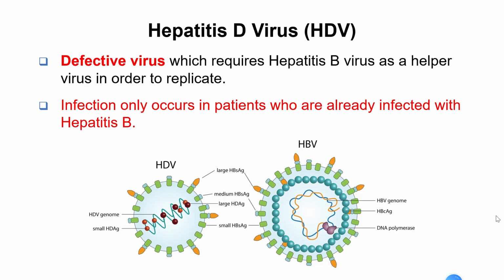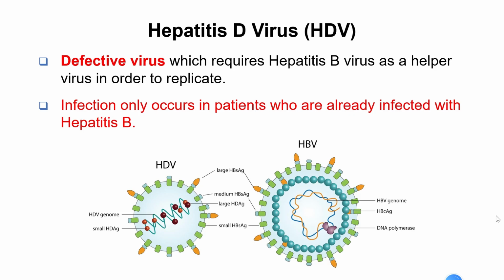And for HDV, it requires HBV virus as a helper virus, but HDV is quite different from HBV because HBV is a DNA virus, while HDV is an RNA virus. And HDV infection only occurs in patients who are already infected with HBV. Okay, it can only cause co-infection.